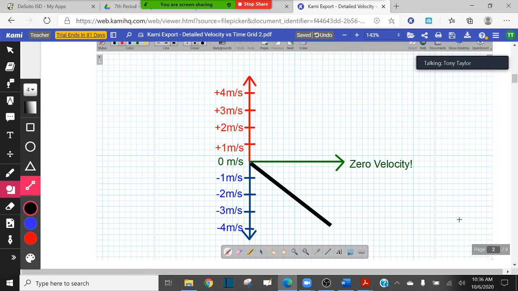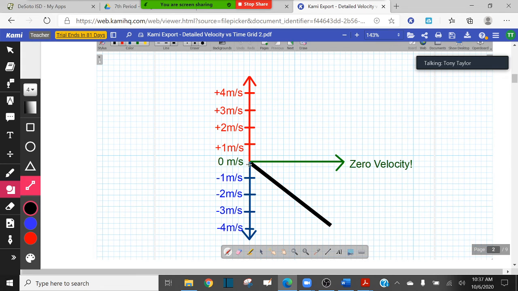Here I've drawn an object that's moving in the negative direction, and the object this line represents is clearly speeding up. Here's how I know. I know it's moving in the negative direction because I drew my line on the bottom half, because everything on the bottom half has negative velocities. And how do I know it's speeding up?